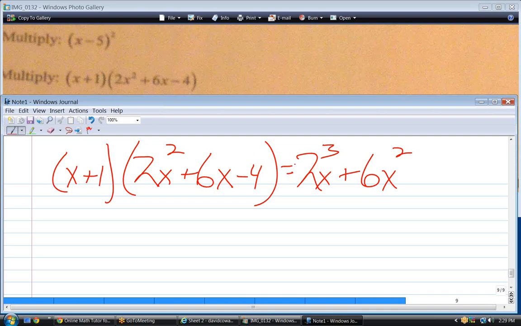If I don't write a sign in front of this, it's assumed to be plus. But if I don't write a sign in front of this, then I have this jumble of garbage that doesn't mean anything. That actually would mean they were being multiplied together. So you can't drop that plus sign when it's a term that's being added to another term. Okay, what's next?